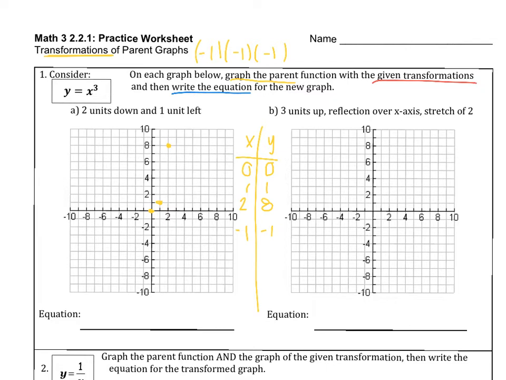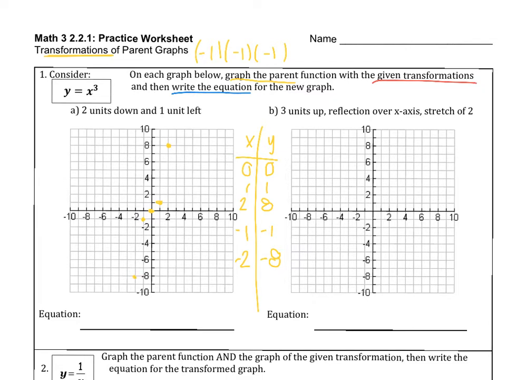So the ordered pair -1, -1 is on here. And likewise, when I plug in -2, -2 times -2 is +4. But when I multiply by -2 a third time, I'm back with a -8. So -2, -8 is the next point.